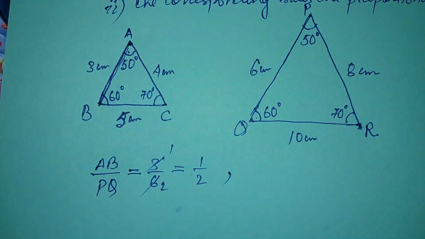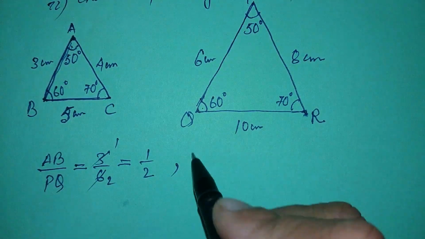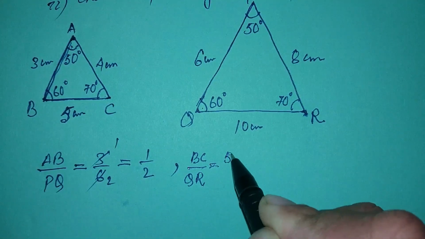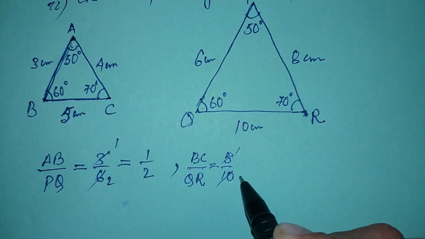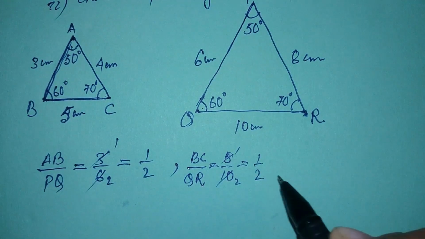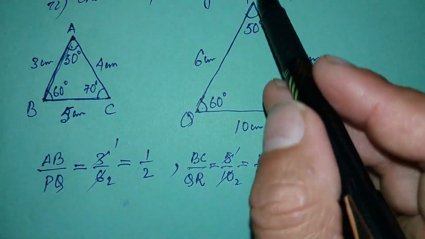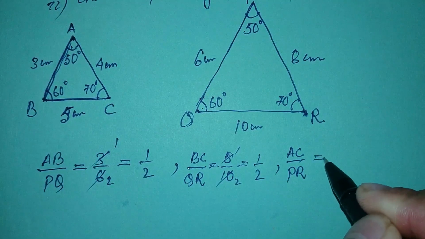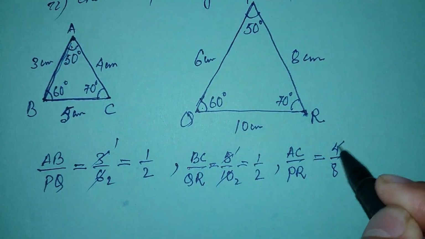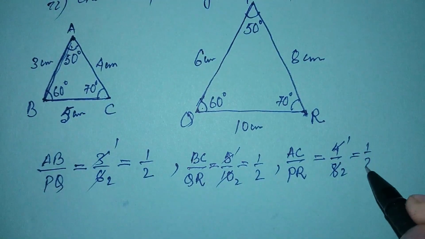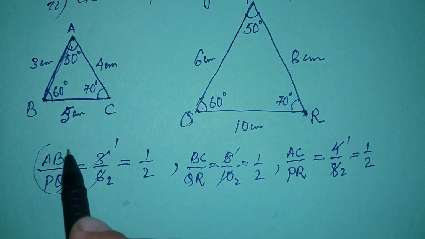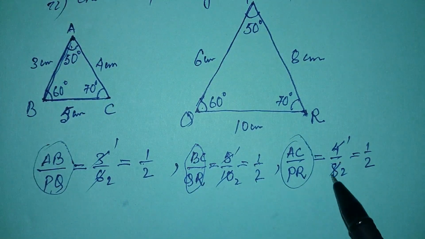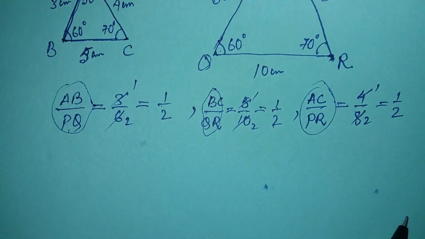The corresponding side of BC is QR, so BC by QR is equal to 5 by 10, which is 1 by 2. The corresponding side of AC is PR, so AC by PR is equal to 4 by 8, which is also 1 by 2. So the ratios AB by PQ, BC by QR, and AC by PR are all equal to 1 by 2.